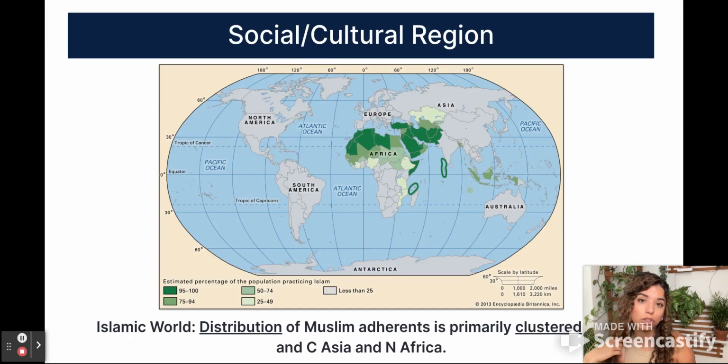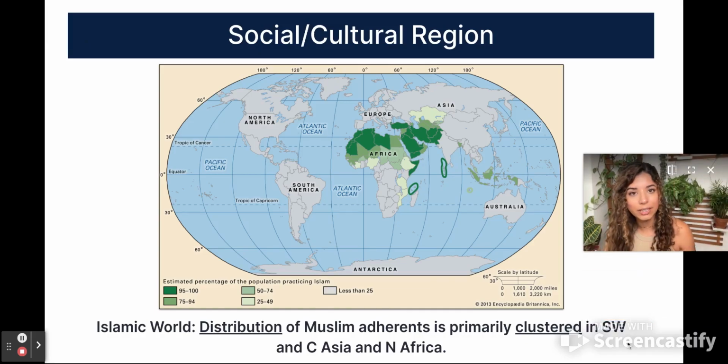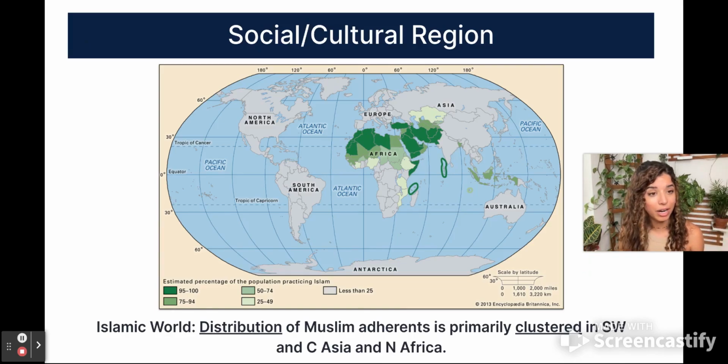For social and cultural formal regions, here we have an example of religion. For the Islamic world, here we have a map that shows the region where that religion is predominantly practiced. This is where we see the majority of people practicing Islam, or at least practicing it officially, maybe because it's the country's official religion.